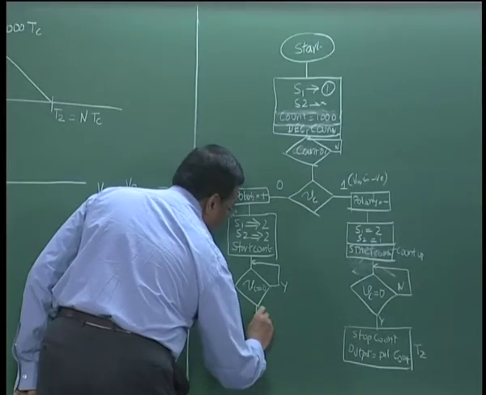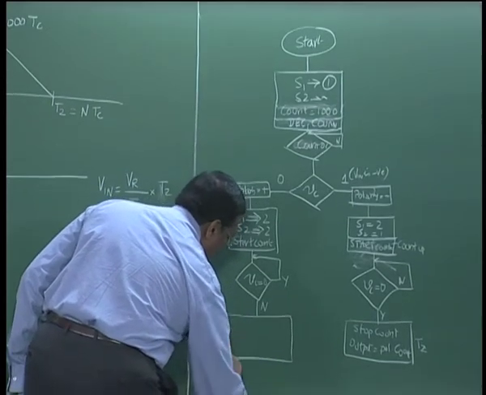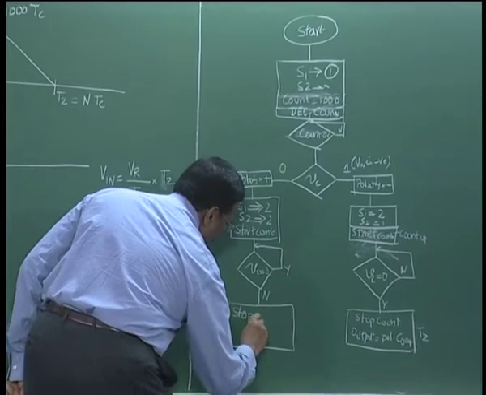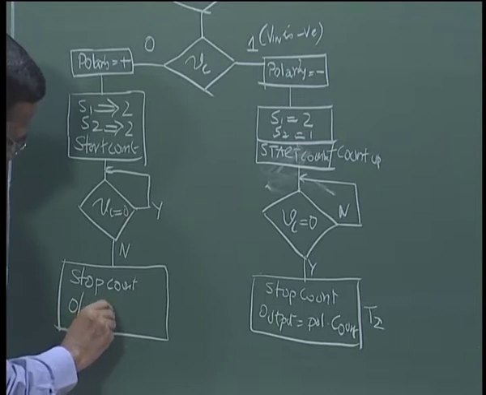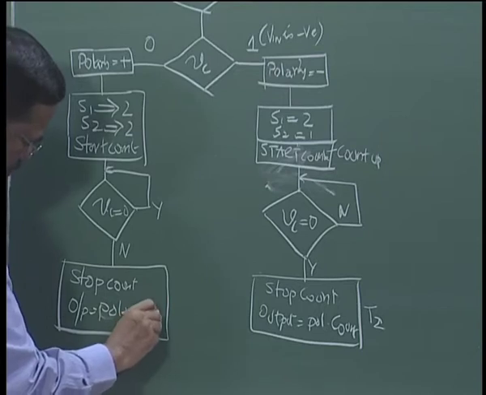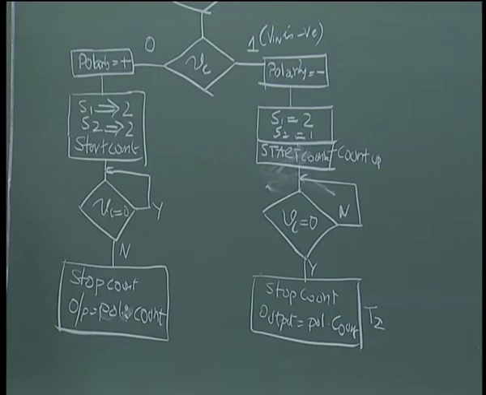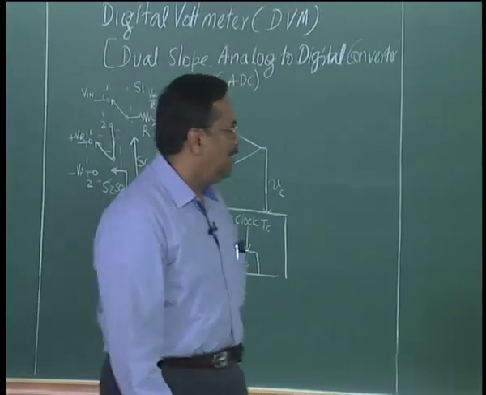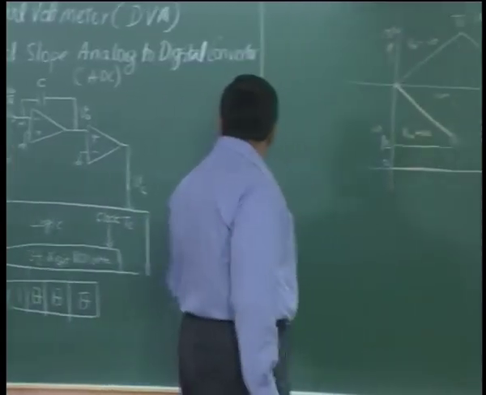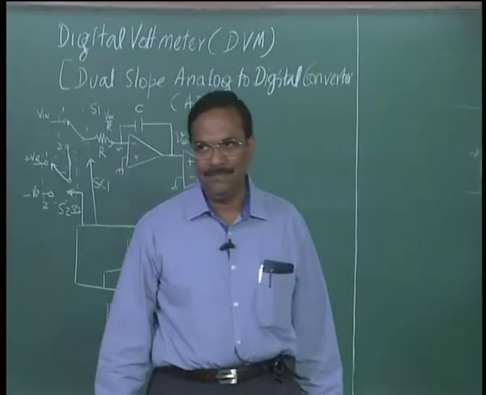If it is 1, then we do the same thing, stop count, output is equal to polarity and count, right, not plus, we do not add, we put plus 1, 2, 3, 4 millivolts, right. So, this is the complete logic of the digital circuit to make one conversion, right.